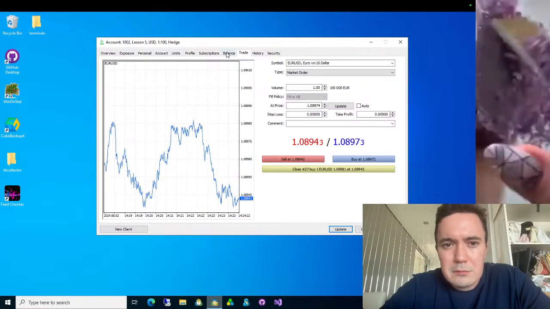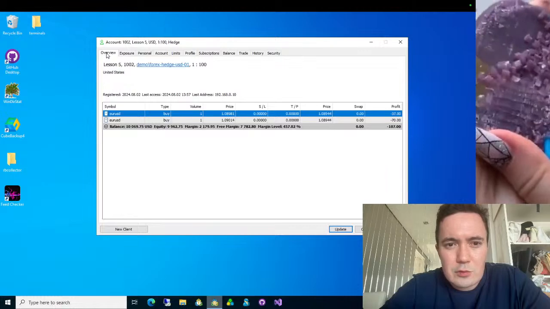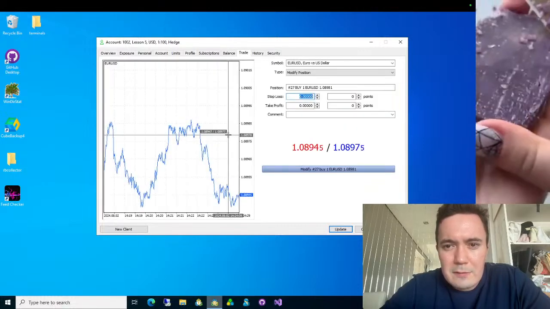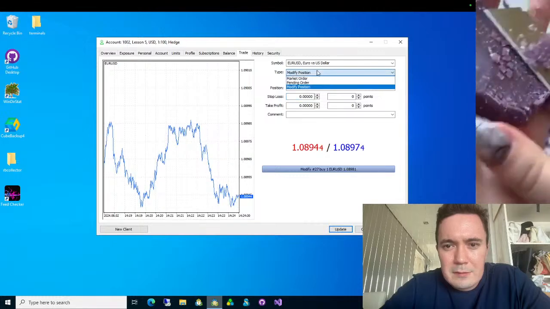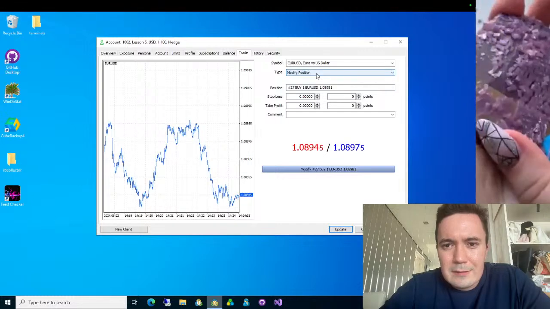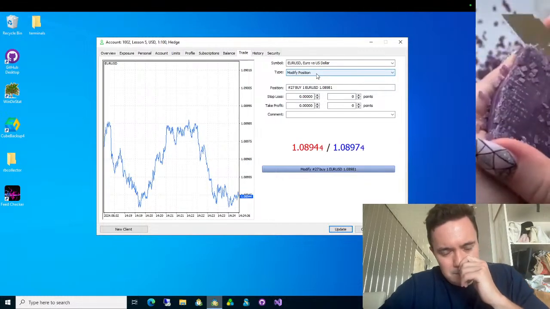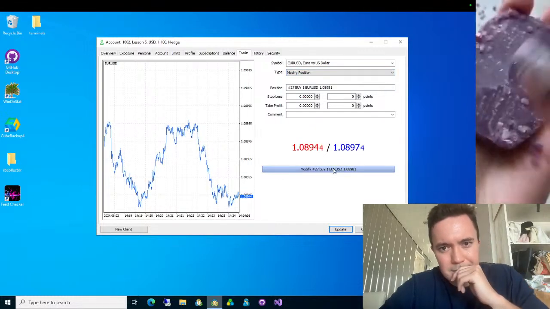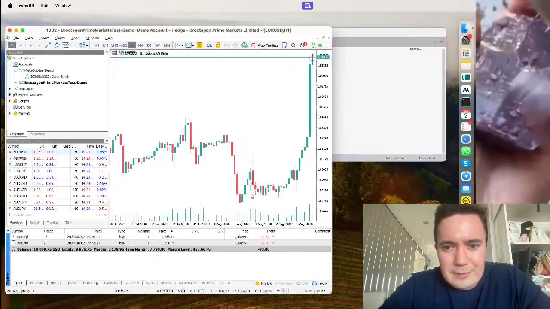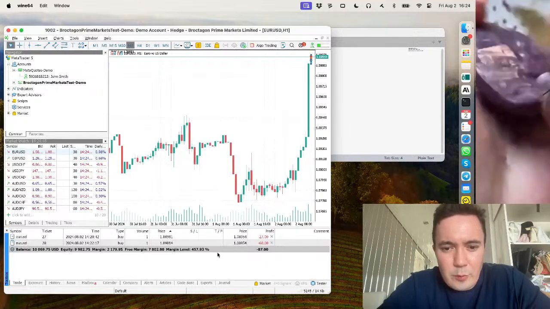No, I cannot do it from here, right? Oh, I would need to do it from another terminal. Okay, let's do it in some other way.